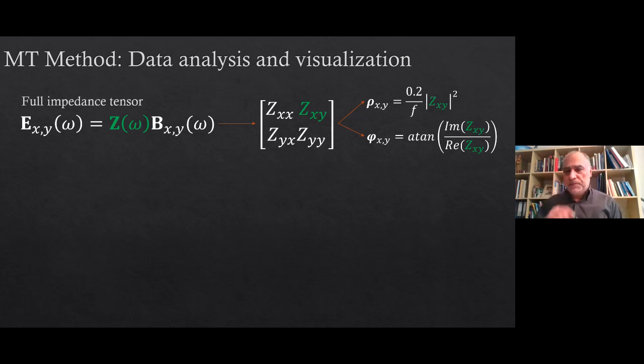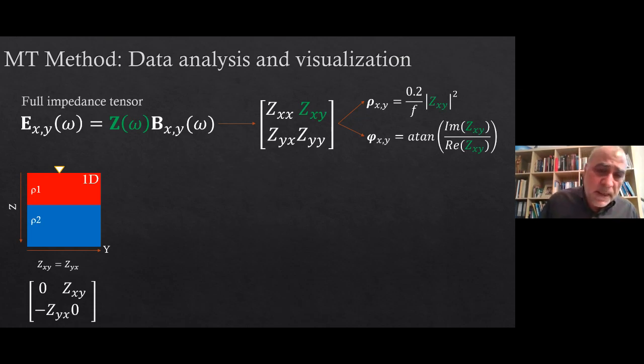Now, this tensor has really very nice properties, and it can tell us a lot about the dimensionality of the subsurface. It is the basis to analyze the dimensionality of your data, and to analyze the geological strike or the electric strike in the data.